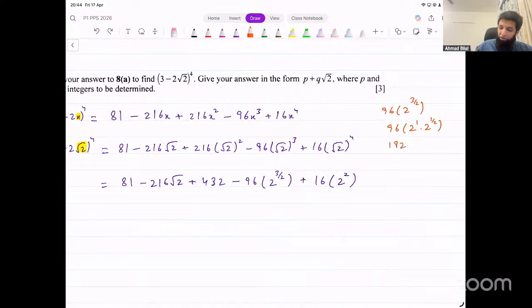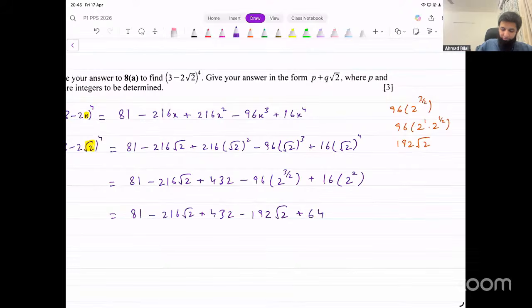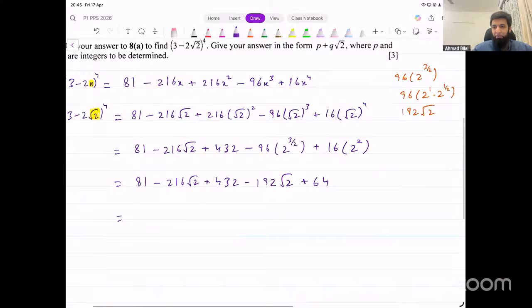And 2 power 1 over 2 we can write as under root 2. So that's what we can do here. We can say 81 minus 216 under root 2 plus 432 minus 192 under root 2 plus 16 times 4. That is 64. Okay, now you can add the numbers.